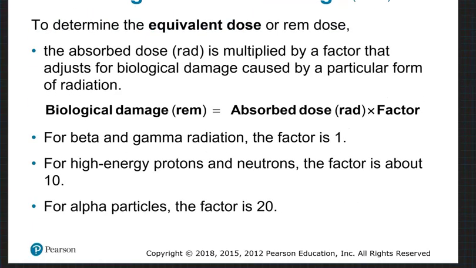So there is a factor which you should use when you calculate the degree of the biological damage. You can calculate the absorbed dose, which will be based on what? Let's say this bottle is radioactive.